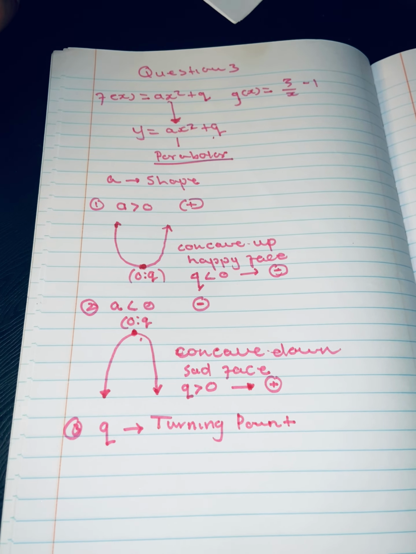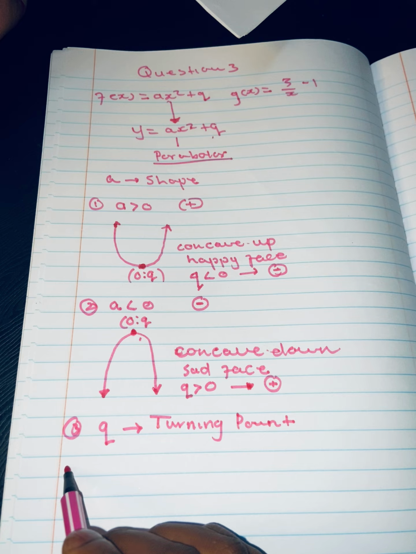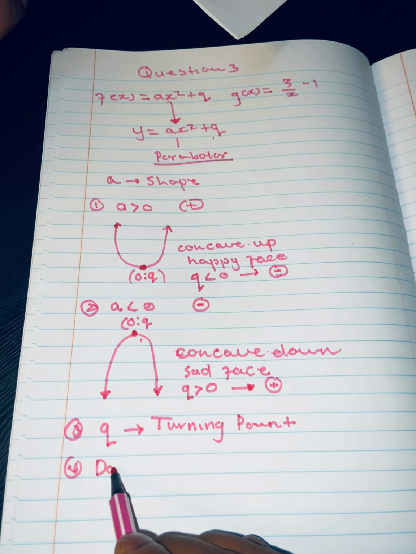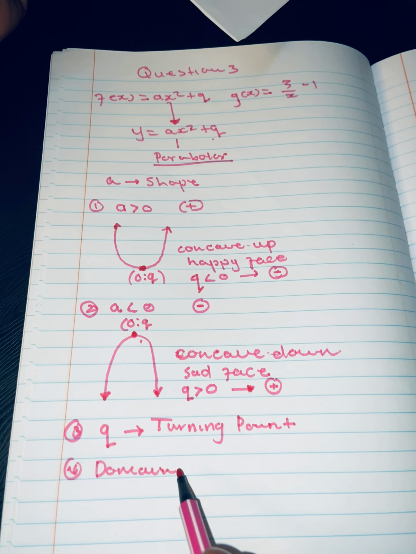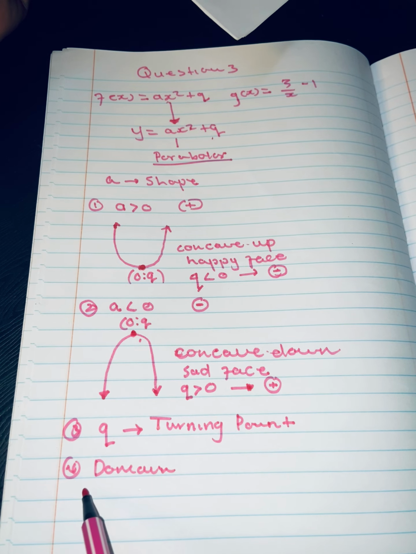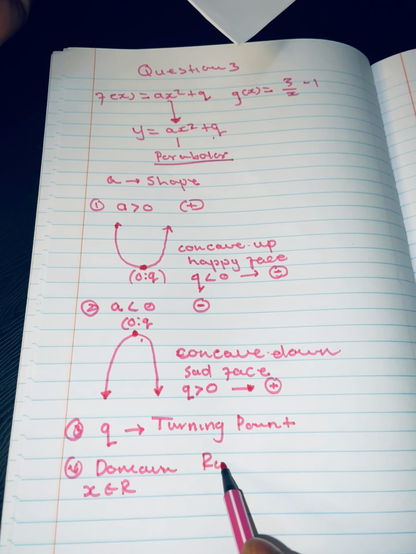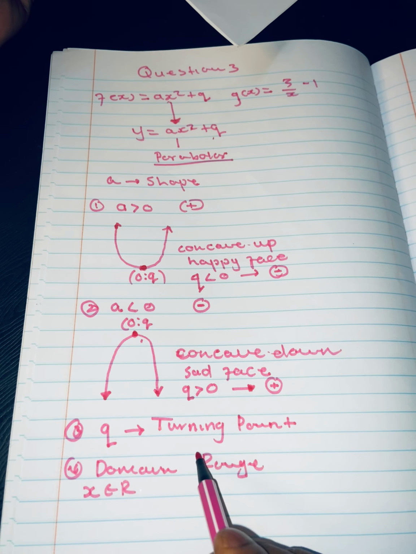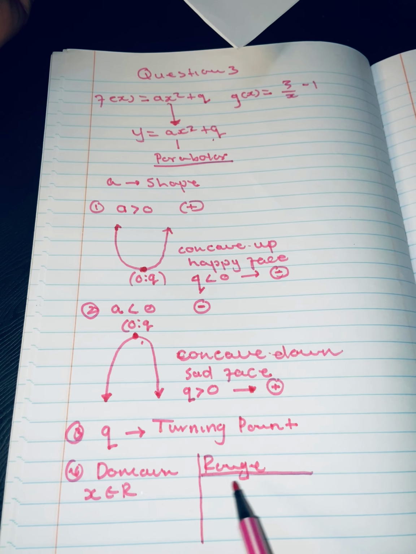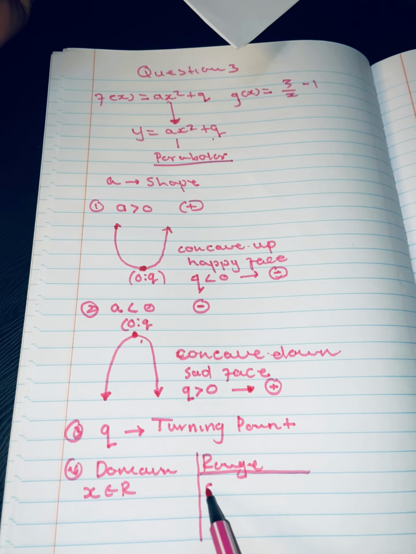Then again, number 4, they will be asking you to write the domain. For the domain, guys, you write only x is an element of the real numbers. What about the range? The range is very important. For the range, we check first the value of q.